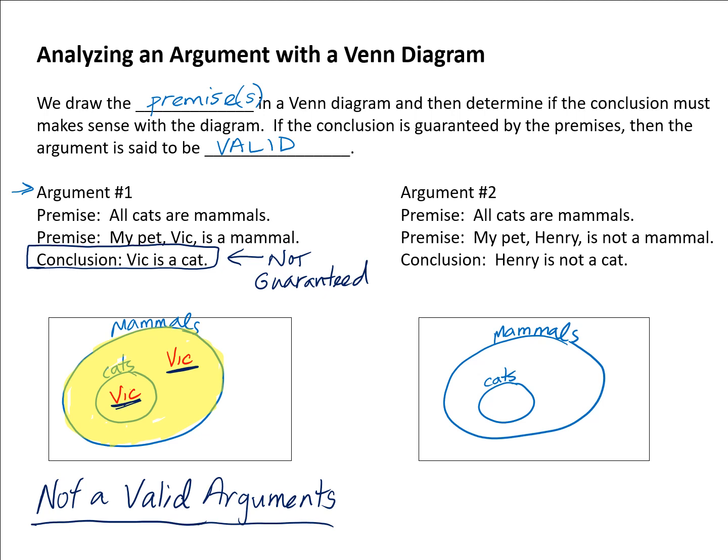Well, to not be a mammal, you would actually be not in the mammal set. So that means you'd have to be outside of the mammal set. So you'd be somewhere out here outside of the mammal circle. Do my best here to draw that in. So if Henry is out there, let me just draw Henry's name in that region.